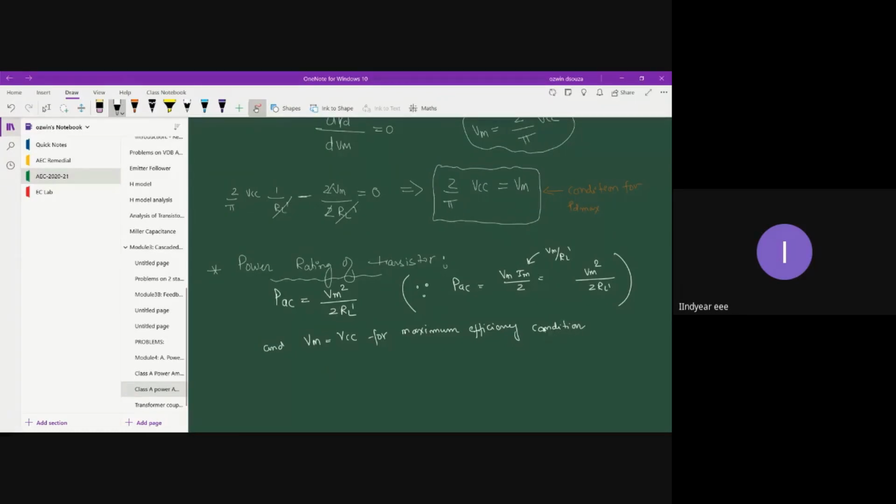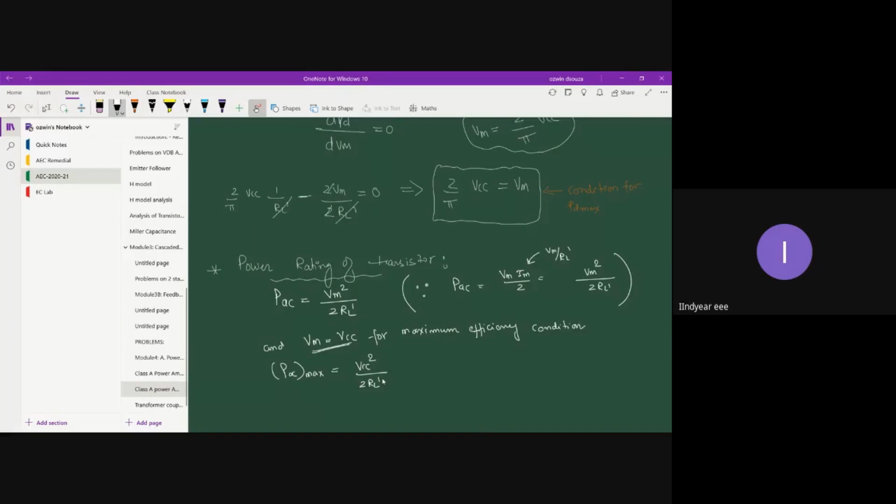What could be the maximum power delivered to the load? Maximum power delivered to the load takes place when the maximum value of the AC output is equal to the VCC value. So PAC maximum is equal to, in place of Vm, you substitute VCC. So that's going to be VCC square divided by 2RL dash. All right. So we'll keep it as equation 1.